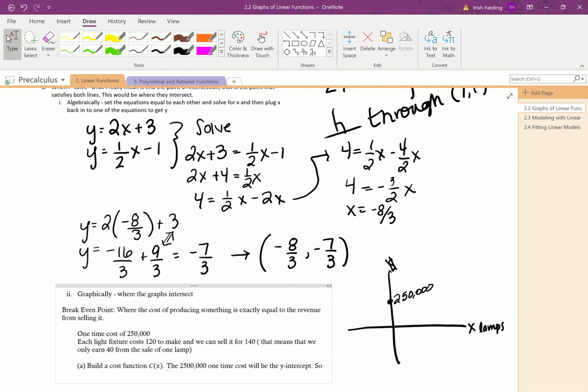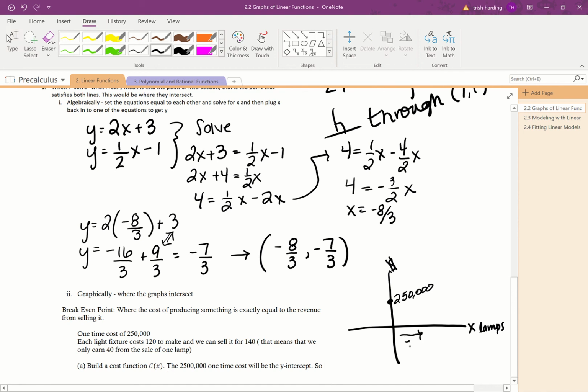So now what else did they give us? Well, we need a slope. They gave us that each light fixture costs $120 to make. So that means for every one lamp I make, it's going to cost me $120.